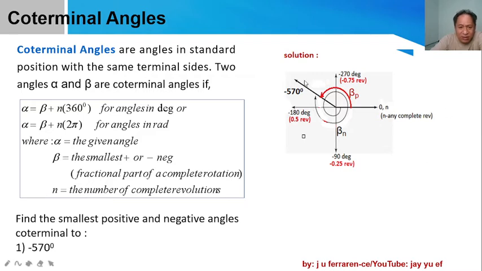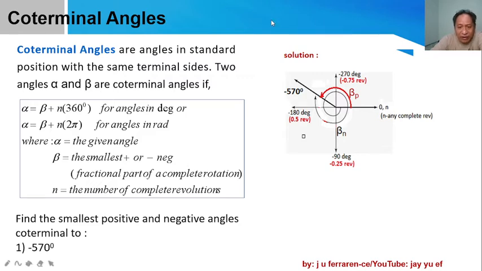Now, if that is 570 degrees, you can add another 90. We did not express our angle in terms of revolution because this is just very small. Instead, by adding 90 degrees, we have 450. Another 90 is added, so there is 540 degrees, a negative 540 degrees right at the negative x-axis.